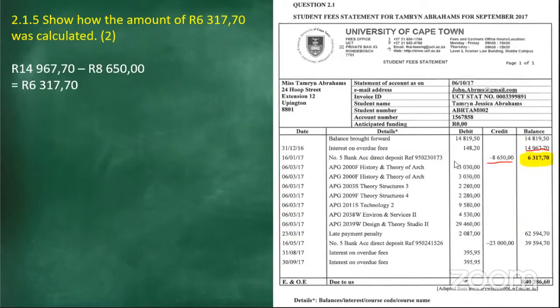So that's the balance you have on the date of 16 January 2017. That means Tamryn is now only owing 6,317 rand 70 cents as of the 16th of January.